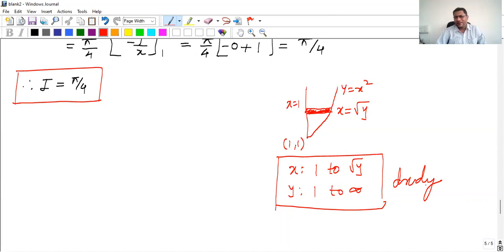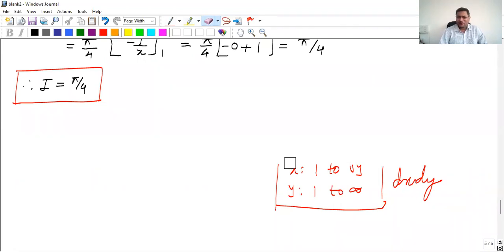In this case, we have to evaluate x first, and then we have to evaluate y. So you can verify by evaluating using this order also, right? Have you got this? Yes, sir. Okay, that's good.